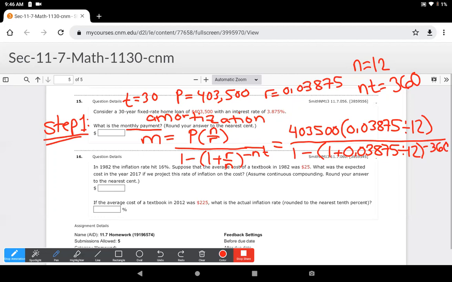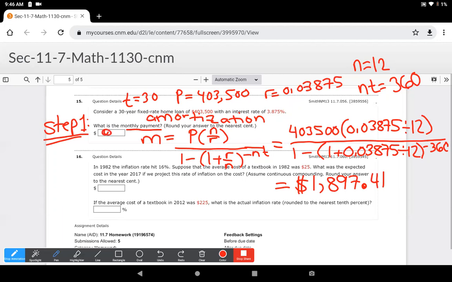When we crunch this out through the calculator, we get a value of $1,897 and to the nearest cent, 41 cents.